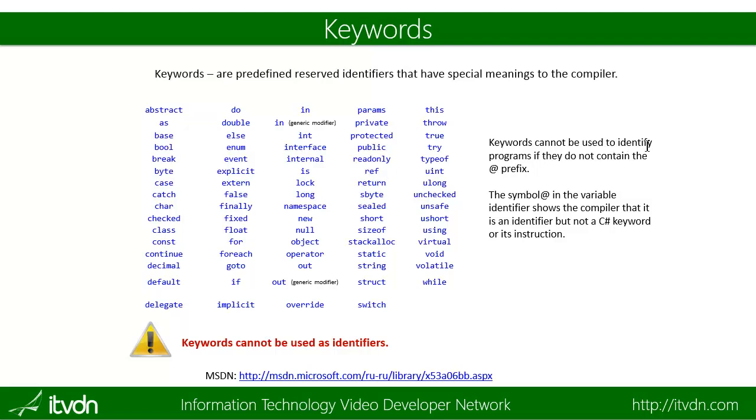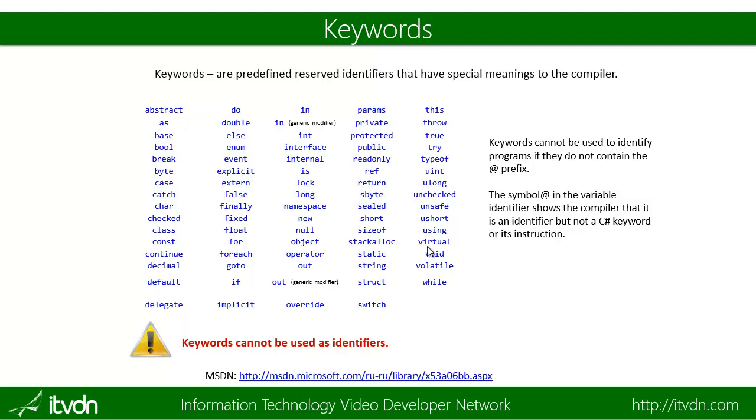Keywords cannot be used to identify programs if they do not contain the at prefix. So by adding the at prefix at the beginning, you can use a keyword to name your variable. The symbol at in the variable identifier shows the compiler that it is an identifier but not a C# keyword or its instruction.